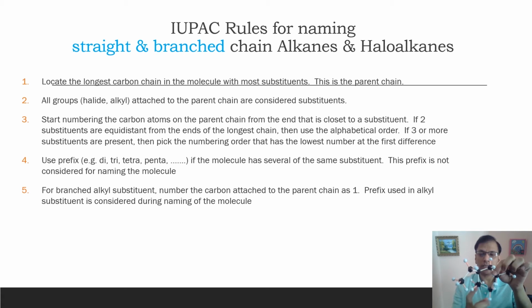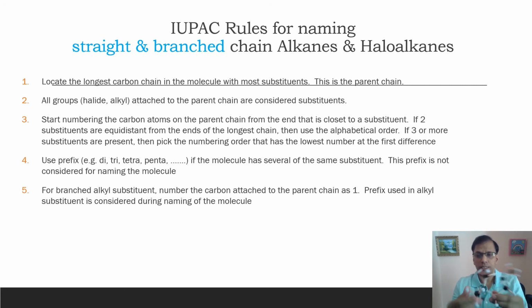So in this case, the side chain is 1 and 2. This is the side chain, so this is the ethyl group, and to the ethyl group on carbon atom 1 is attached the methyl group. So it will be called 1-methylethyl substituent, and that's the IUPAC name.